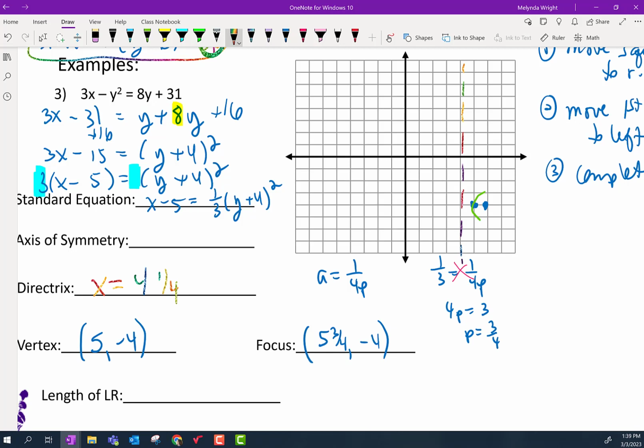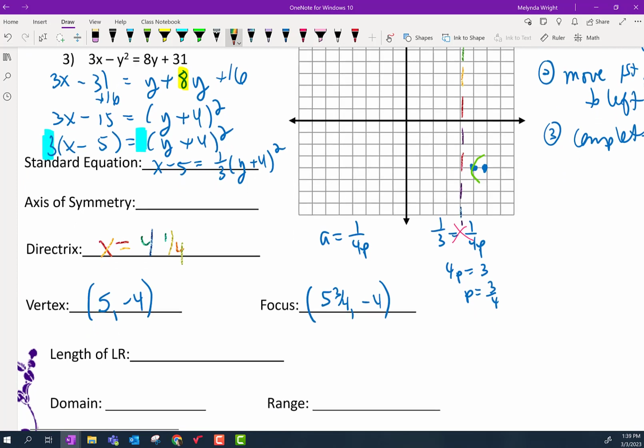Because I'm 3/4 away to the left of the vertex. Wonderful, wonderful. Our LR, the formula is absolute value of 4P. So we're going to do absolute value of 4 times P, which is 3/4. So the LR is 3.